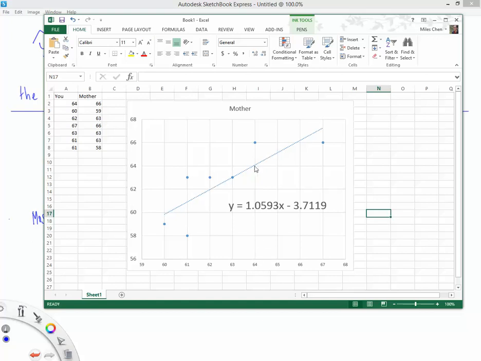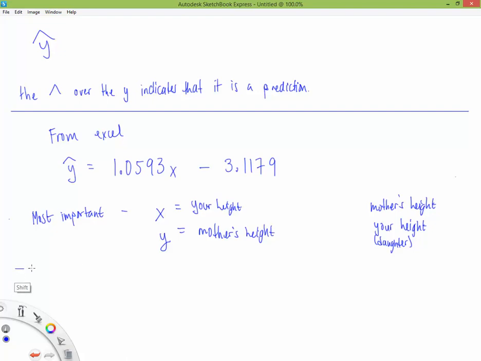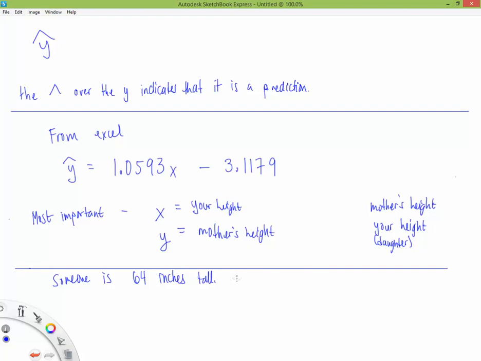Okay, so let's try this out. Here's someone who is 64 inches tall. What is our prediction for the mother's height?